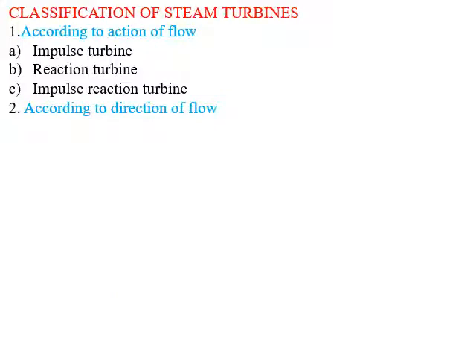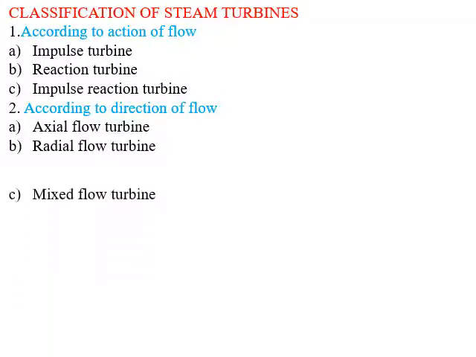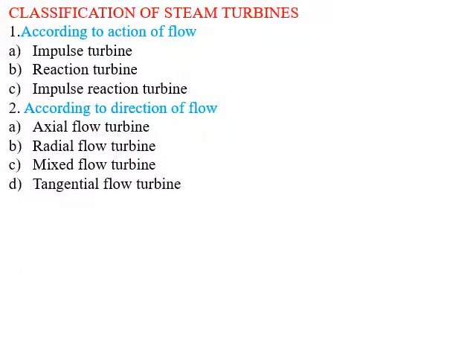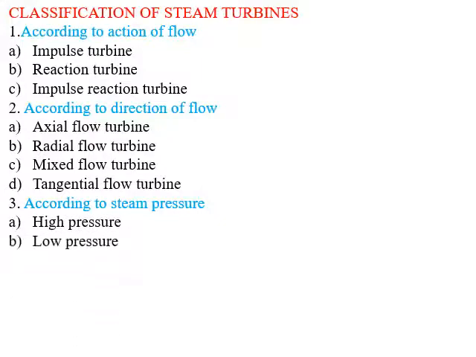According to the direction of flow, the turbines are classified as first, axial flow turbine; second, radial flow turbine; third, mixed flow turbine; fourth, tangential flow turbine. The third classification is based on the steam pressure: it may be high pressure turbine, medium pressure turbine, or low pressure turbine.